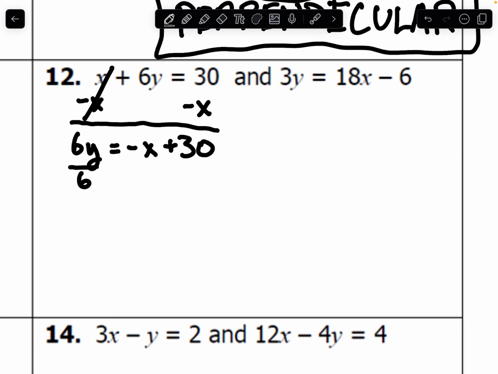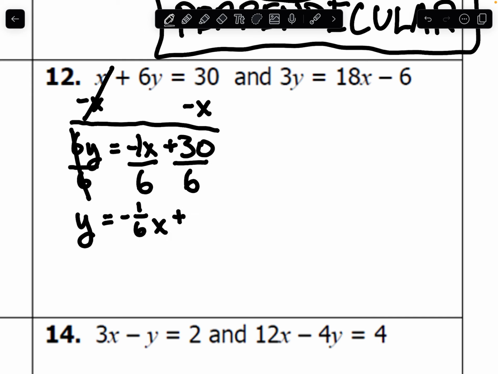To get rid of that 6, right, we divide by 6, divide by 6, and divide by 6. So we have y equals, remember that's a negative 1, so it's negative 1/6x plus 30/6 is 5, right? So if we're just looking at the m, right, that's negative 1/6.